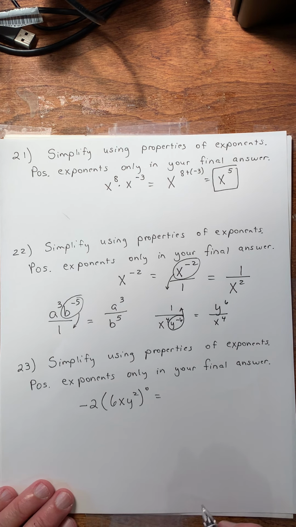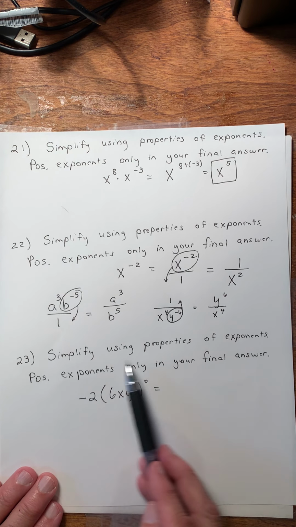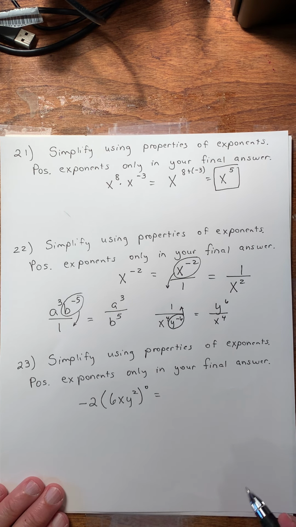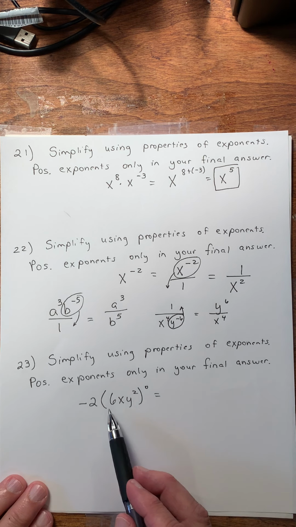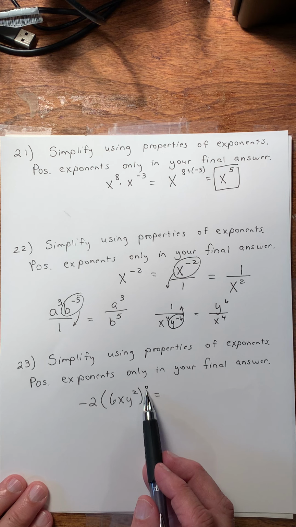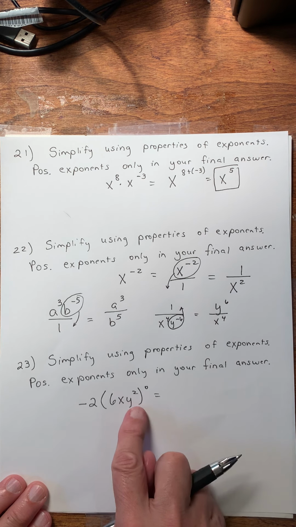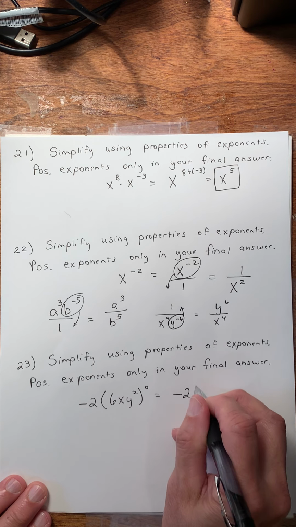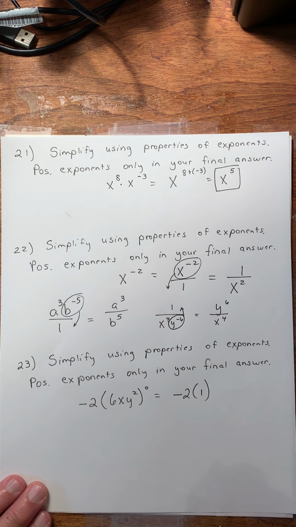Pretty easy, huh? Final one. Simplify using exponents, positive exponents only in my final answer. Here's the one concept I'm going to rely on. Anything to the 0 power is what? It's 1. So this parentheses raised to the 0 power is simply going to be 1.